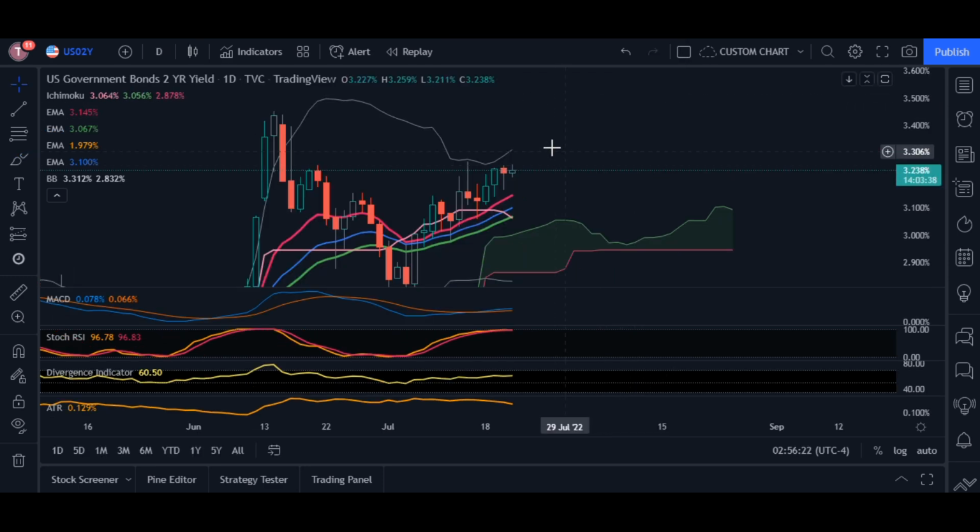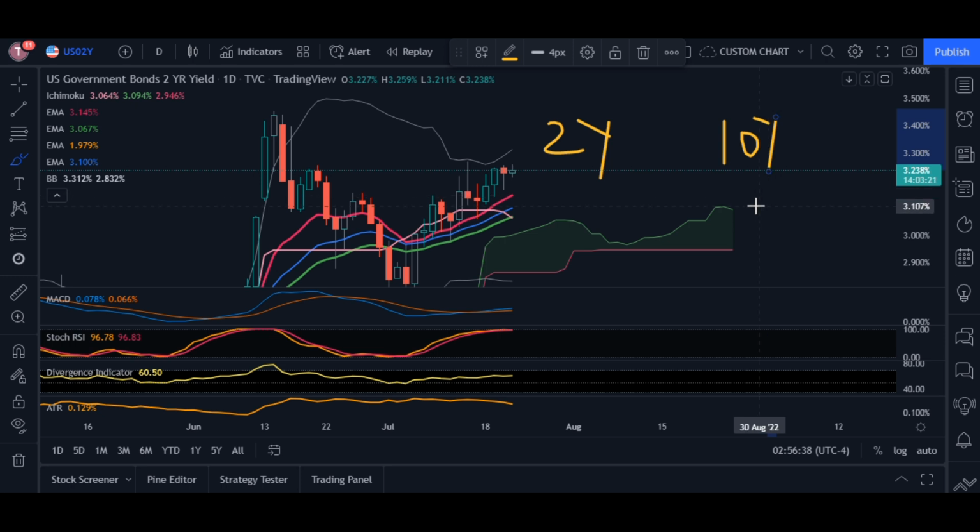Then comes the bond yield. Whenever we look into the recession, whenever we look into the economy, we look into the 2-year bond yield and the 10-year bond yield. Whenever the situation is good and everything is going normal, the 10-year bond yield is more than the 2-year bond yield.